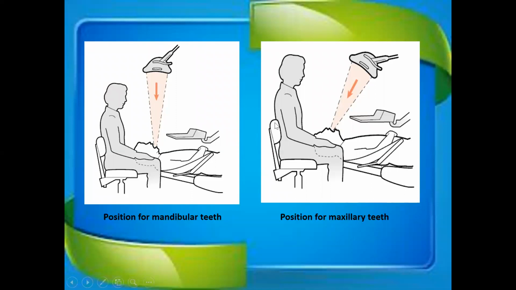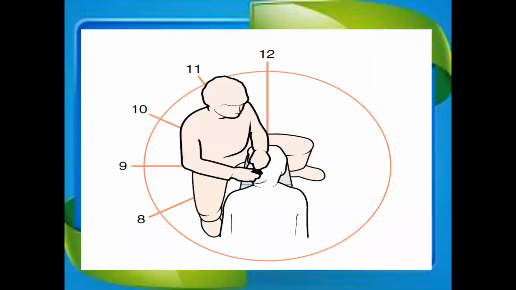And when you are doing instrumentation on the maxillary region, position the light above the patient's chest, tilt the light so that the light beams shine into the patient's mouth at an angle. Position the light as far away from the patient's mouth as possible while keeping it within your easy reach.